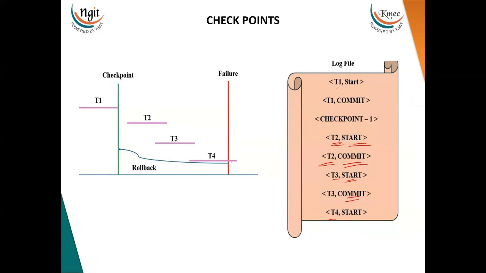Assume that a failure has occurred when T4 is under execution. Then, when recovering from the failure, the database system should roll back the operations made by the transactions in parallel with T4.